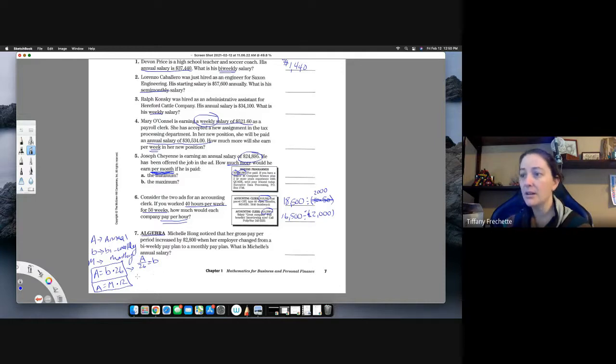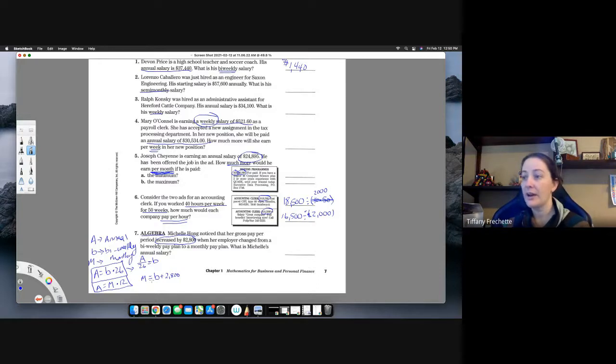And now I can keep moving on this one, and do the same thing with the next one. I can also tell you that her monthly payments, and this is where the increase comes in, M, is equal to her biweekly payment plus $2,800 more.